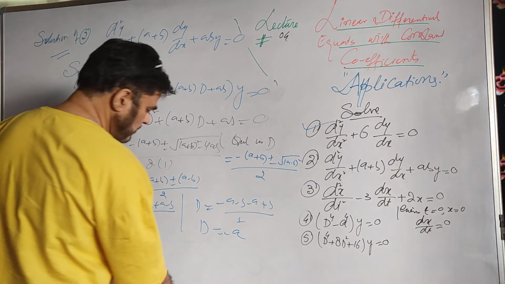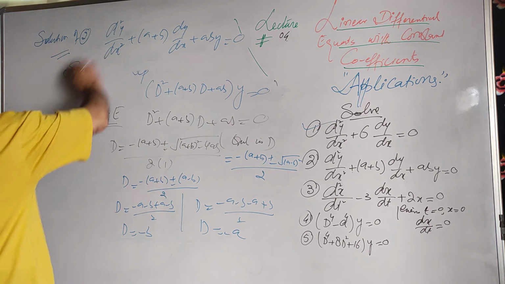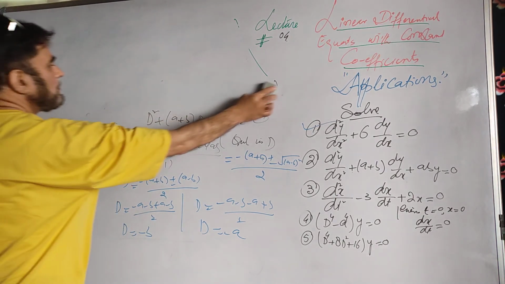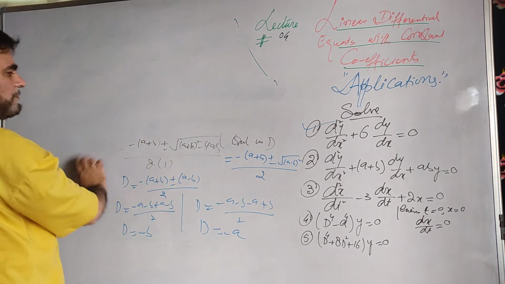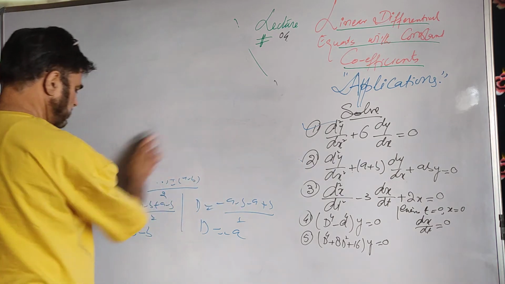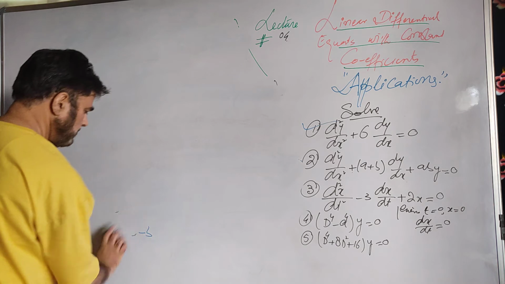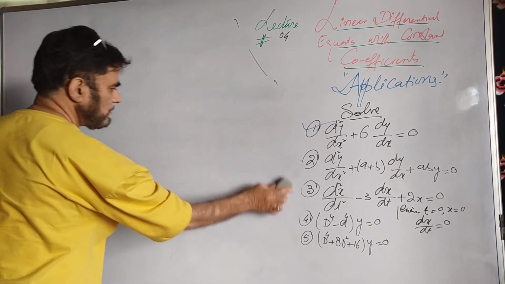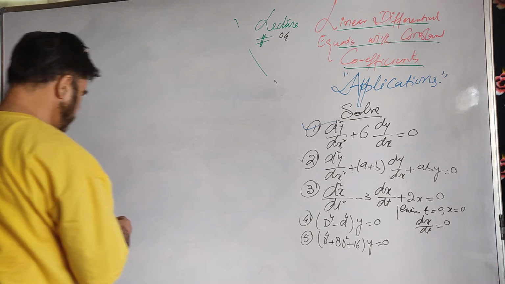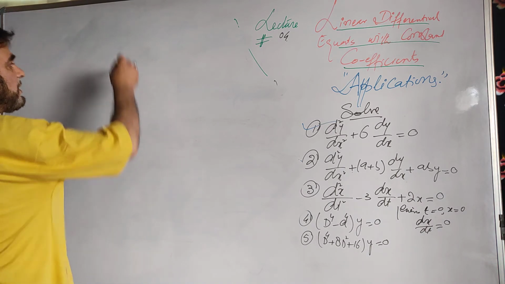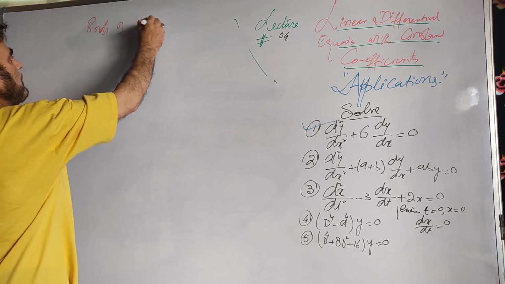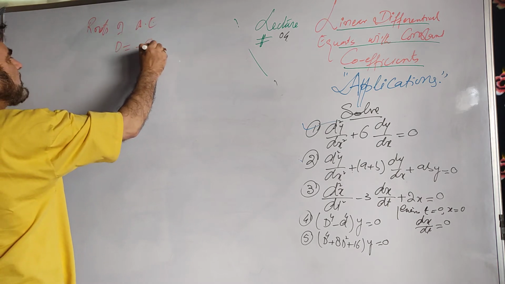So the roots of the auxiliary equation are D = -a and -b.